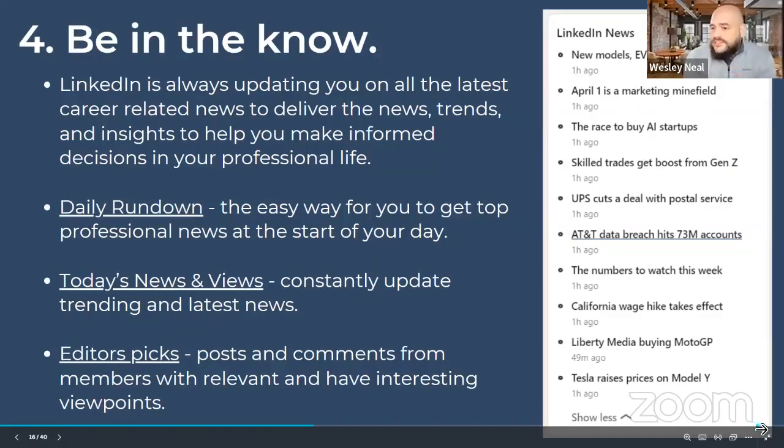I will say that this news is tailored towards professional growth, the workplace, trends and jobs and things like that. That's the general idea. Business news is essentially what you're looking for. You will see constant updates of those latest trends as well. Things like mental health will pop up. So like California, oh wait, sorry, that says California wage hikes.